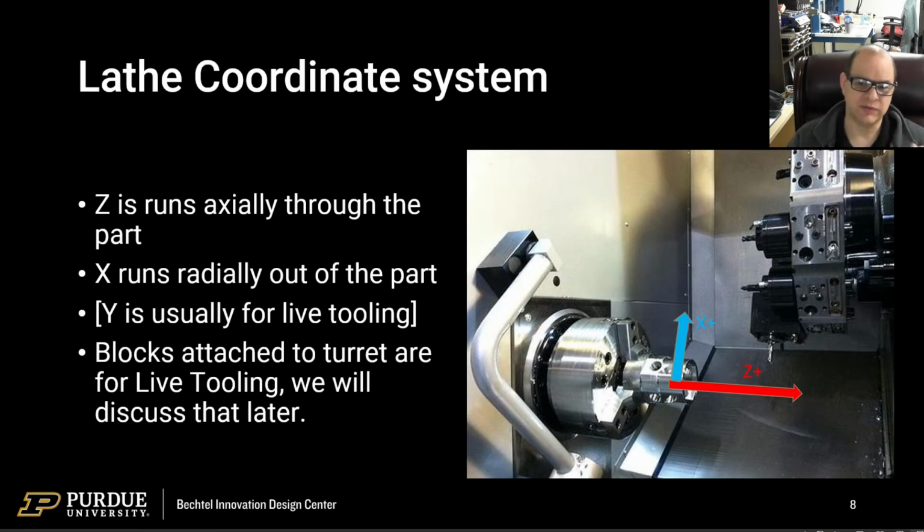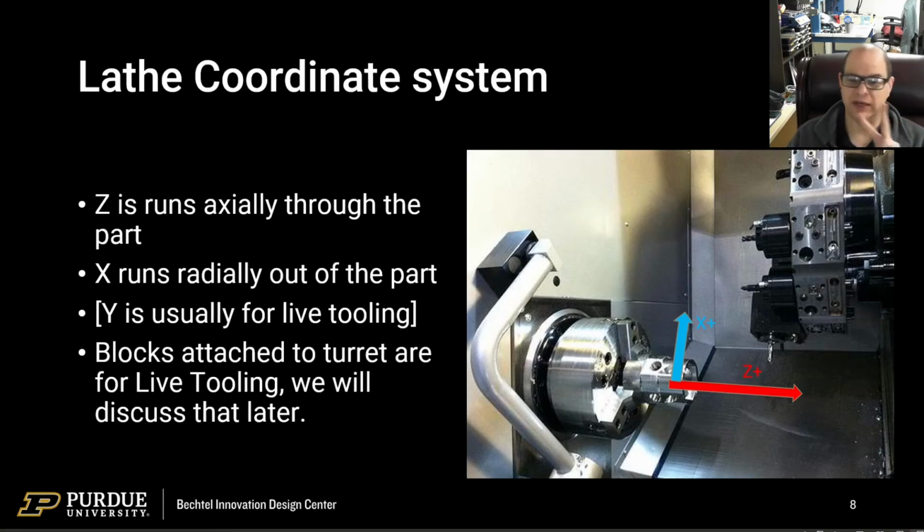I wanted to briefly talk about computer-controlled lathe coordinate systems. So in a standard mill, the coordinate system is X, Y, and Z, which you're probably familiar with from your math classes in high school, where X is along, Y is up, and Z is depth. Now, in a mill, that's typically lying flat on the bed, but in a lathe, it's kind of different.